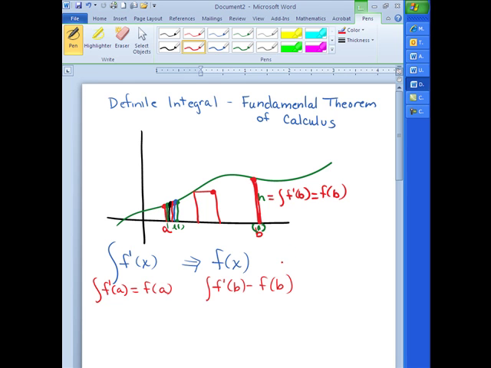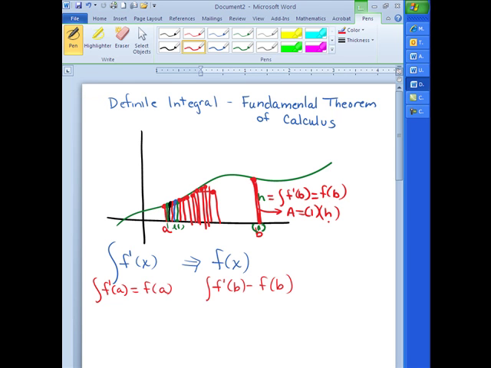Our goal is to fill this space with itsy bitsy rectangles, and if I keep filling this space and find the area of each of these itsy bitsy rectangles, well, the area of this rectangle is simply the base times the height, which would be 1 times the integral, or the h, I'll just write the h, but that's the integral.